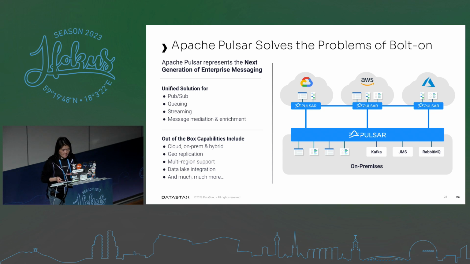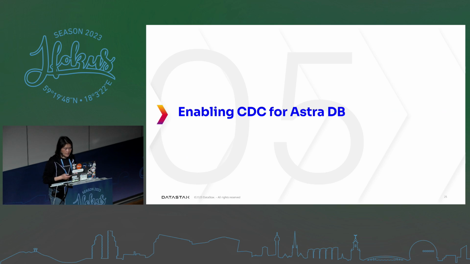If you have Kafka, JMS, or RabbitMQ running, you don't need to change it. You can bolt on Pulsar because it is so loosely coupled, and build your data pipelines and talk to these different components quite nicely because we have all these connectors already. Okay, so now I'll go back and talk about enabling CDC.